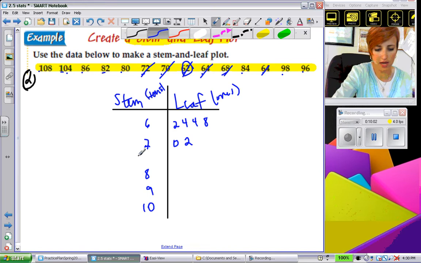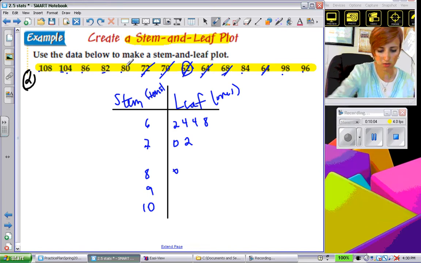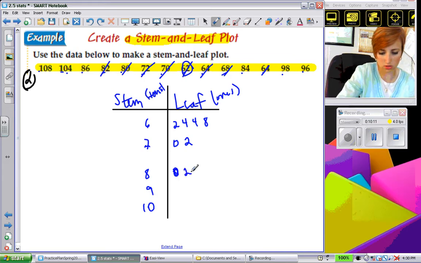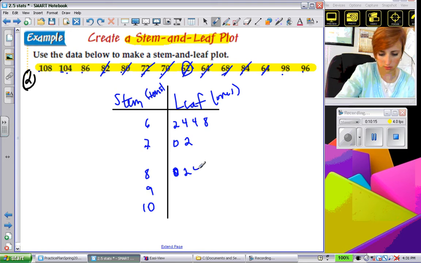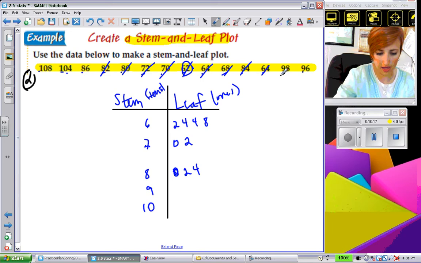So 80, mark him off. And 82, so that's a 0 and this is a 2. And 84, so 4. And 86.